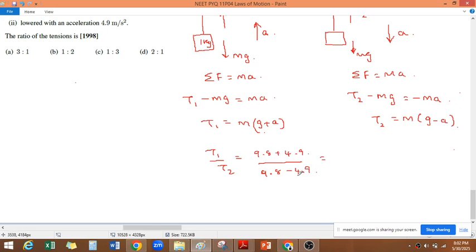So it will be 3 is to 1. So 3 is to 1 will be the answer.